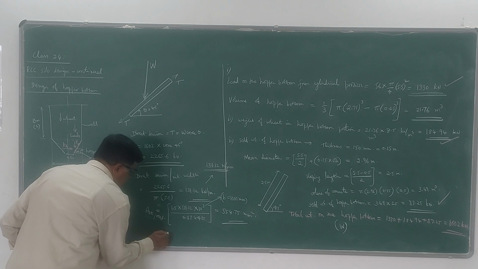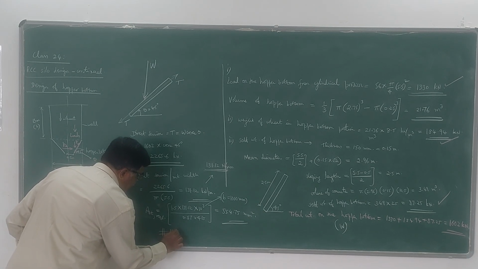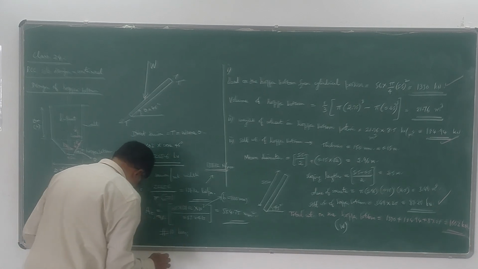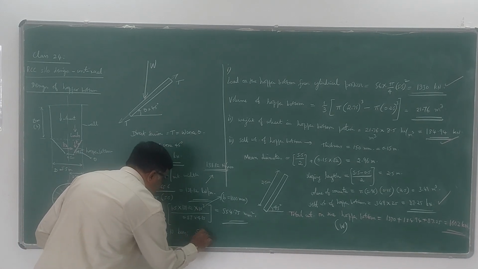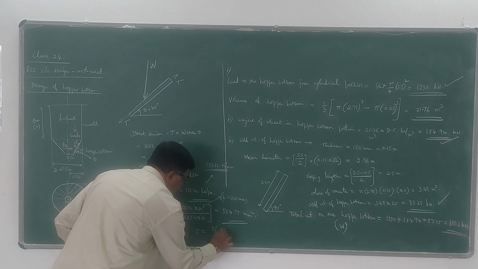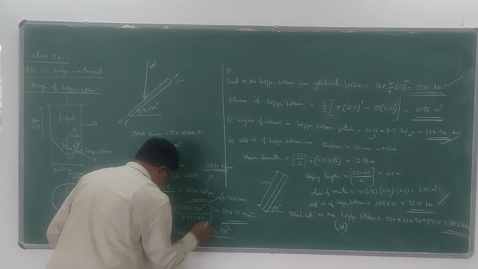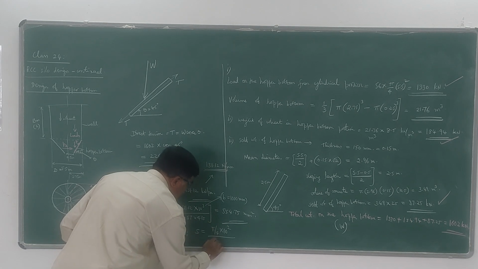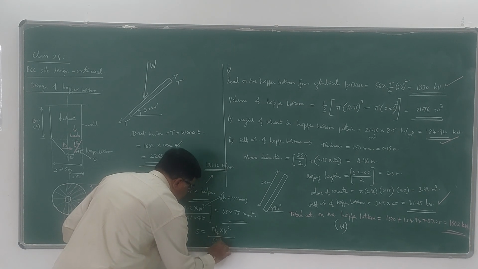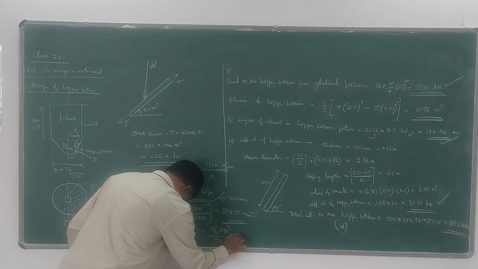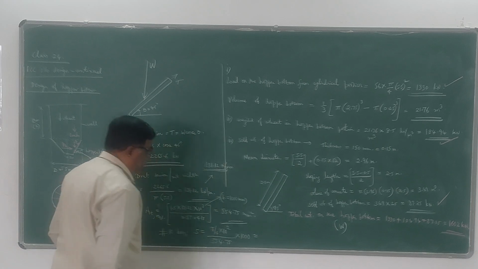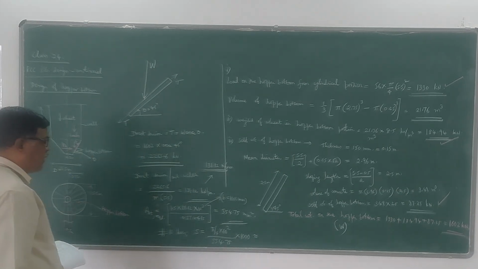If you use 10 mm diameter bars, the spacing required will be equal to pi by 4 into 10 square, that is area of 1 bar, divided by reinforcement 554.75, multiplied by 1000, that is for 1 meter length of the hopper bottom.